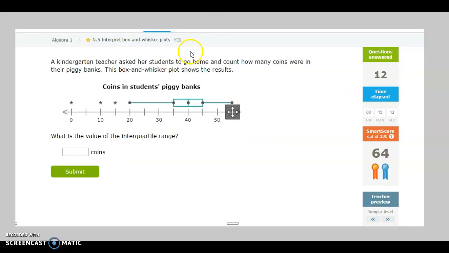So the next question wants us to find the interquartile range. So if we remember to find range, it's your biggest minus your smallest. However, here it says interquartile. So what that means is just the inside of my box. So I'm just looking at this box, and I want the range of that.